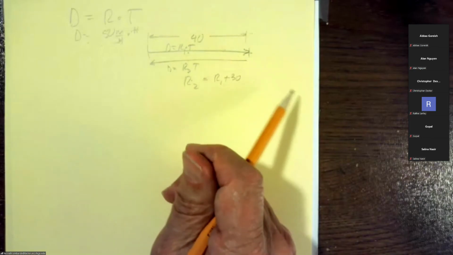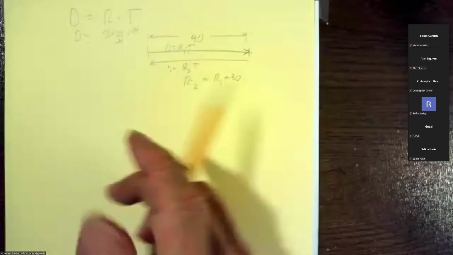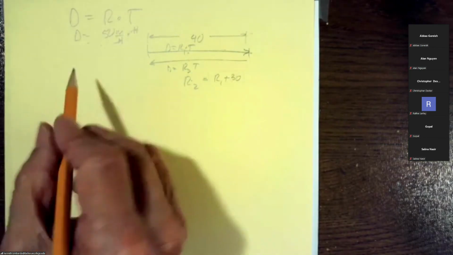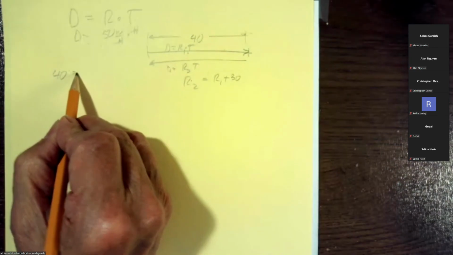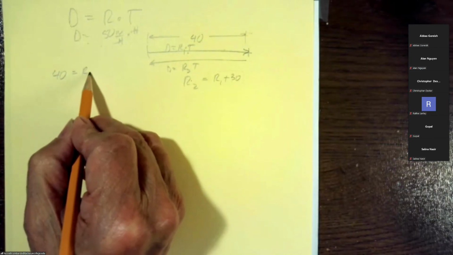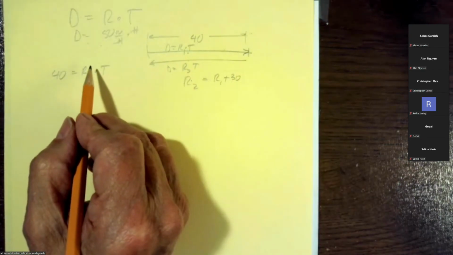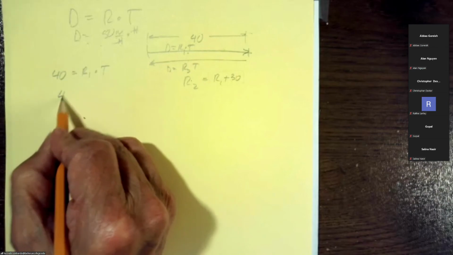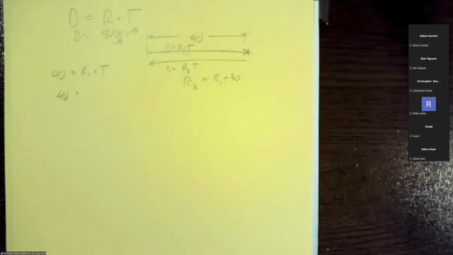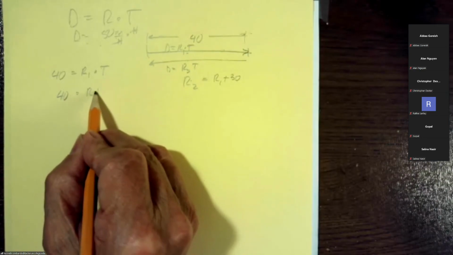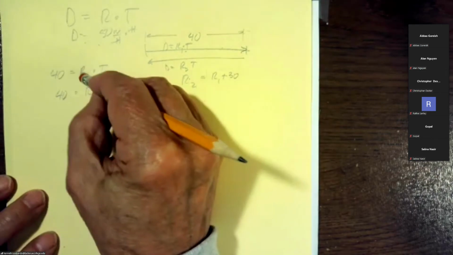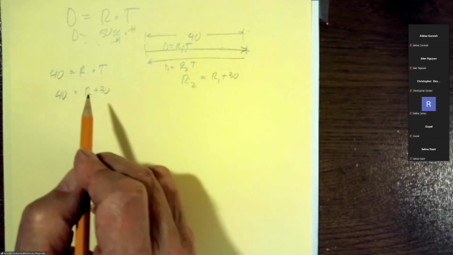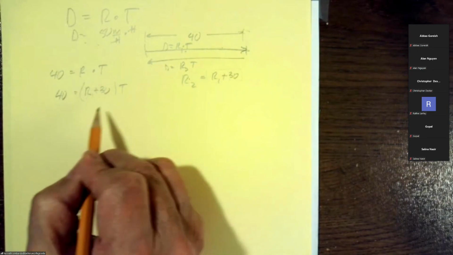The way we would attack a problem like this, distance equals rate times time, is that we would say the distance, which is 40, equals the rate out, R1, times T. And the return trip would be distance equals the rate back, which is R1 plus 30, times time.